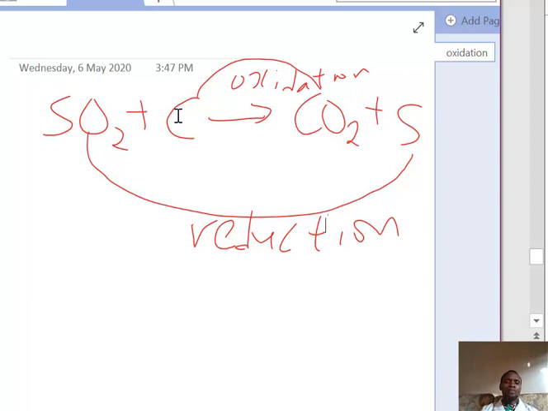So the reducing agent always becomes oxidized, while the oxidizing agent always becomes reduced. Take note of that and understand it very well.